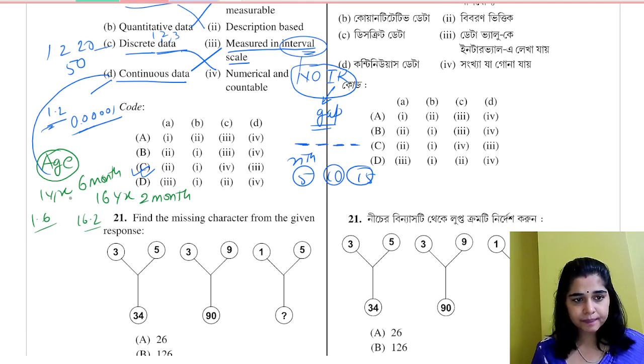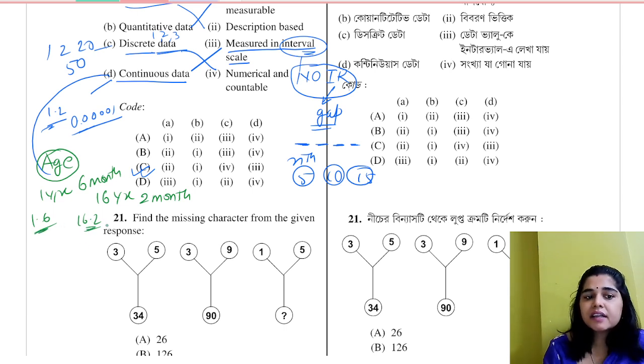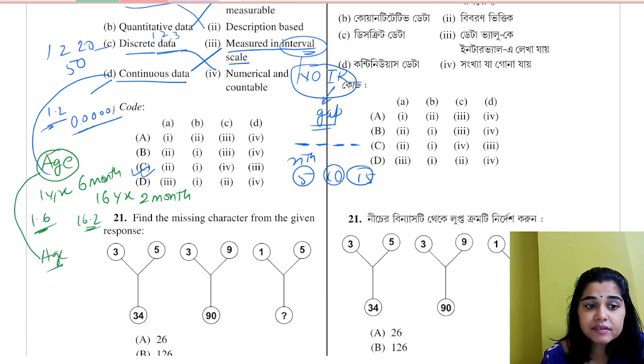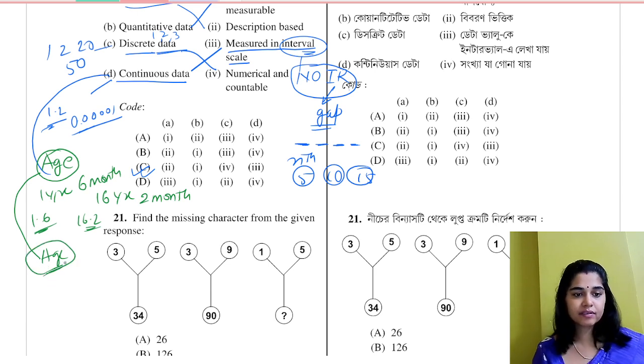This is in numerical, but there's a point also. So this is a continuous data. But the age factor, the age itself is what? Age itself is a countable. Weight itself is... So that's why sometimes this is measured as interval scale also.